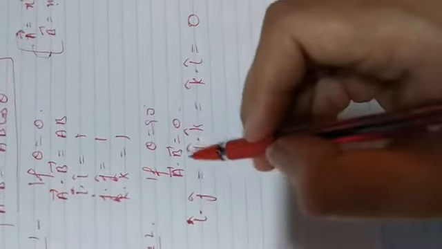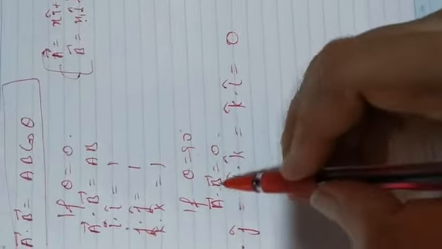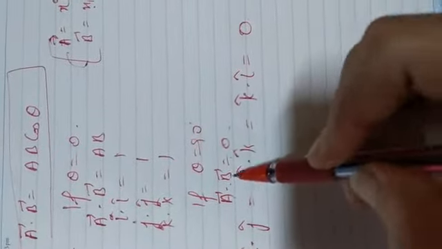Case 2: if theta equal to 90 degrees, then A dot B equal to 0. So we can write i dot j equal to j dot k equal to k dot i equal to 0, because theta equal to 90 degrees, cos 90 equal to 0, then A dot B equal to 0.